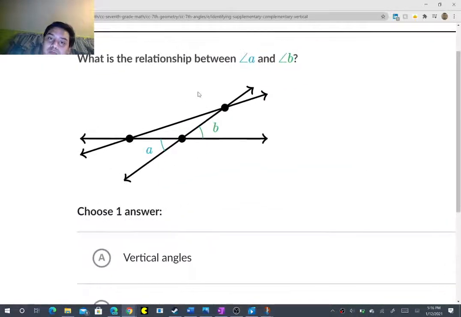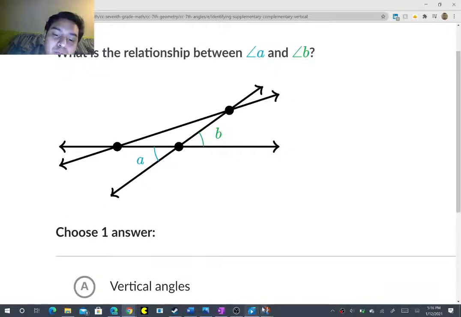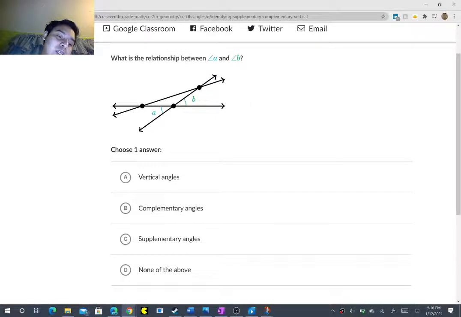Okay, this one is pretty easy as well. Angle A and angle B are on either side of each other. When you see something like this, where the angles are facing opposite directions, you should automatically think it's a vertical angle.